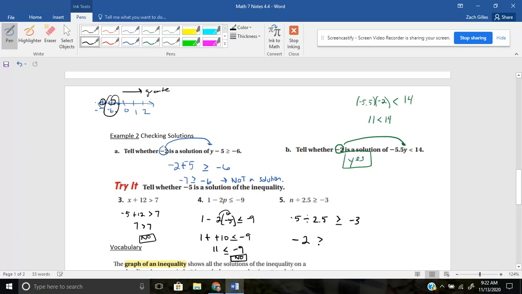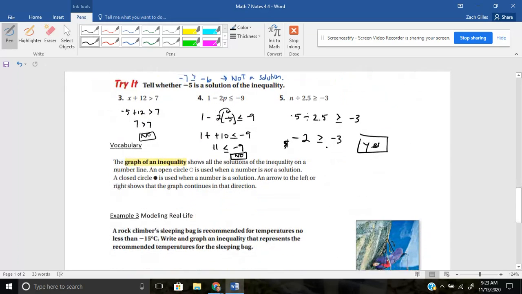Is negative 2 greater than or equal to negative 3? And yes, it is. It is true because I'd rather be in debt $2 than in debt $3. So negative 2 is greater than negative 3. Again, line it up on the number line and you'll see it's further to the right.